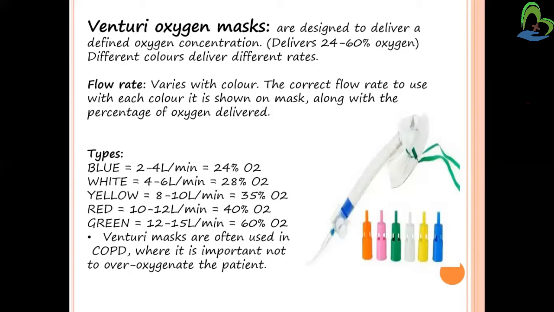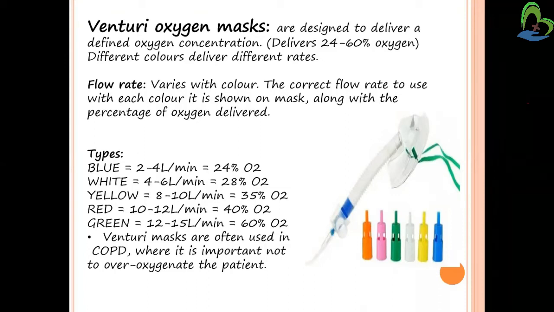The correct flow rate to use with each color is shown on the mask along with the percentage of oxygen delivered. The blue delivers 2 to 4 liters per minute, which is almost equal to 24% oxygen.